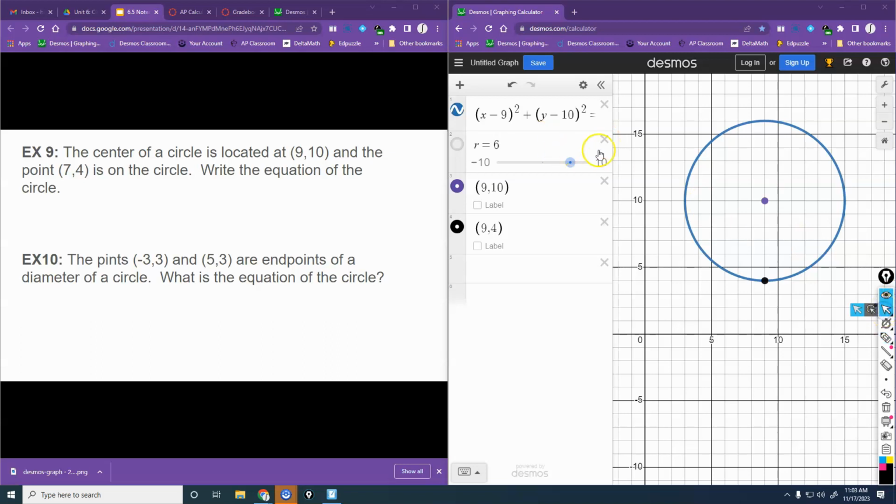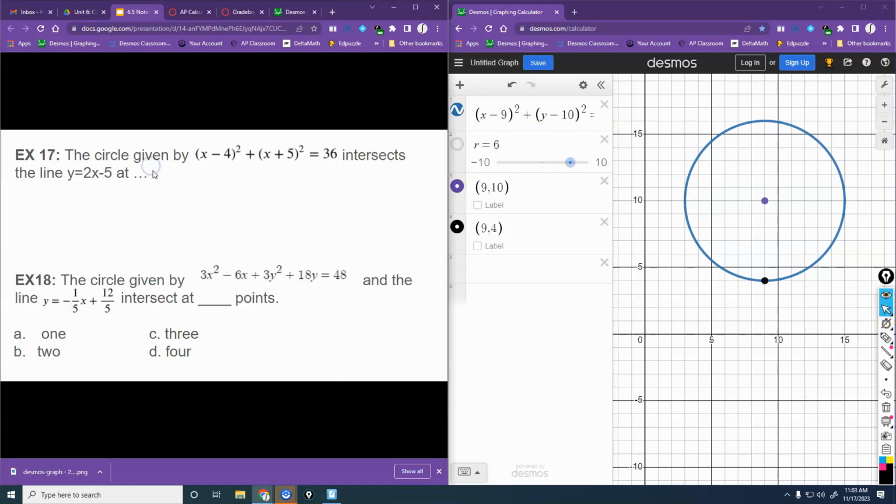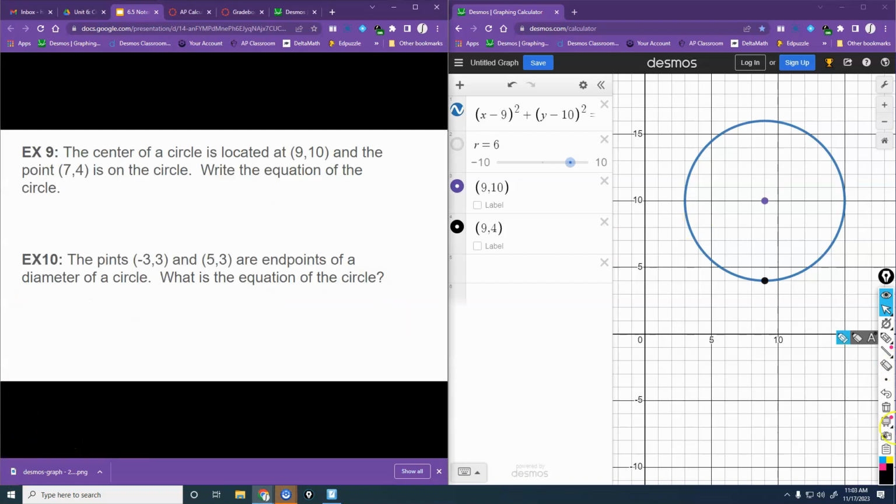My problem was a bad problem from the beginning, so let's look at this once more and change 7, 4 to 9, 4. My problem was too difficult to do without having answer choices. If you had answer choices, you could just graph them all and see which one goes to that point.